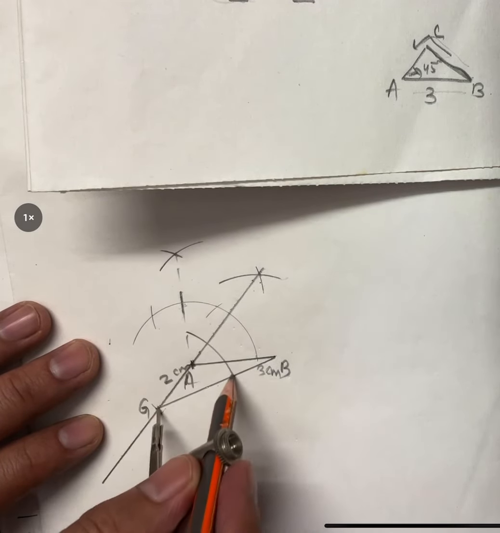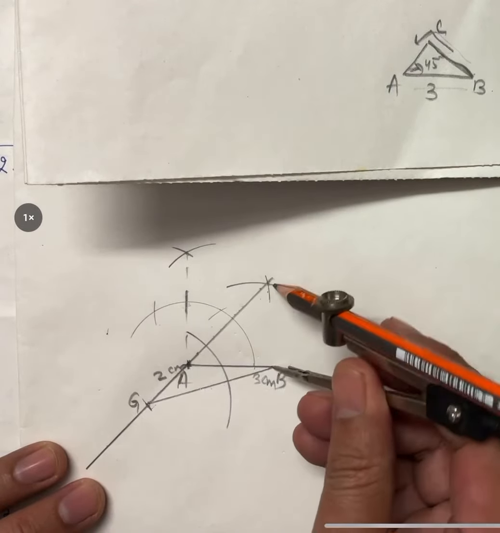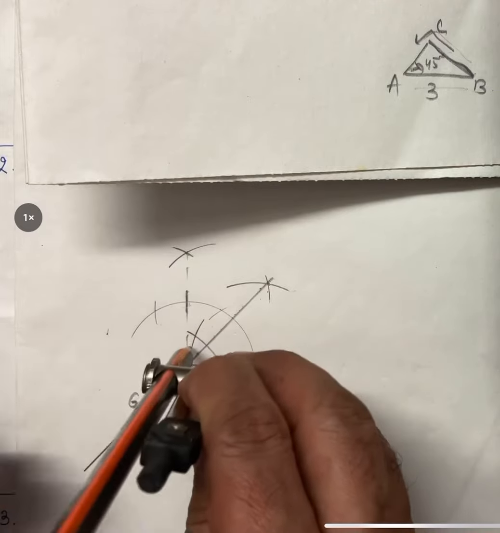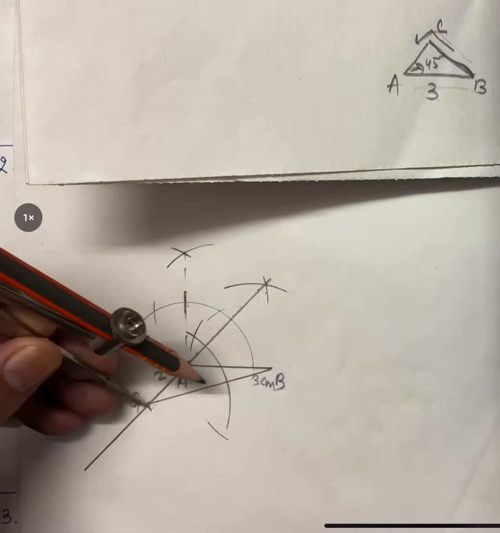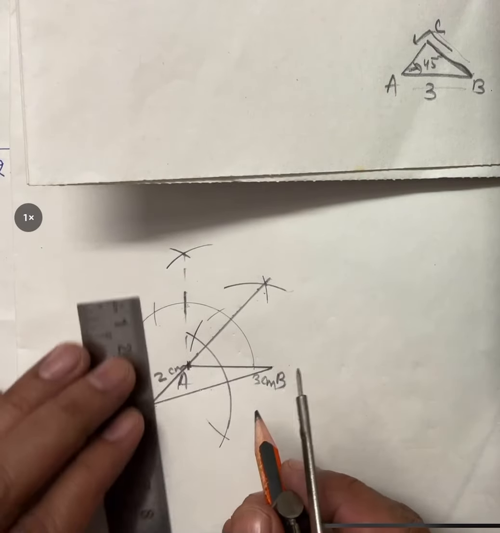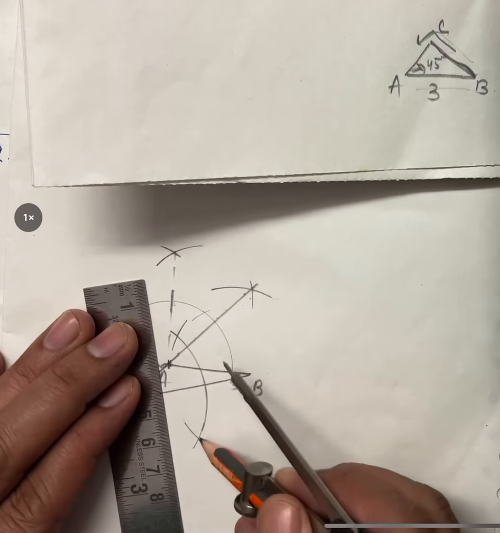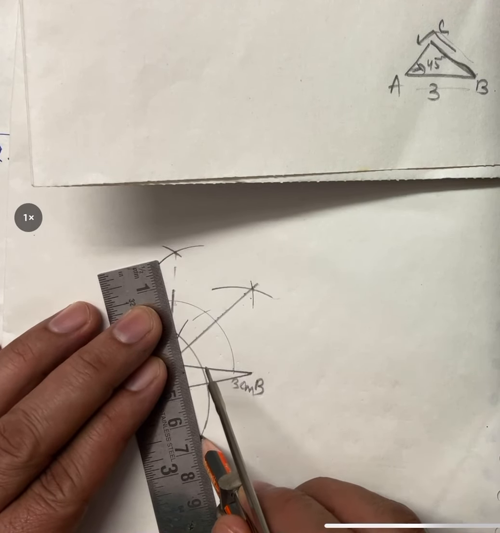Make an arc. Try to intersect the arc from here. One cut and the other cut. So go back and complete the construction. Join them and get your perpendicular bisector of GB.